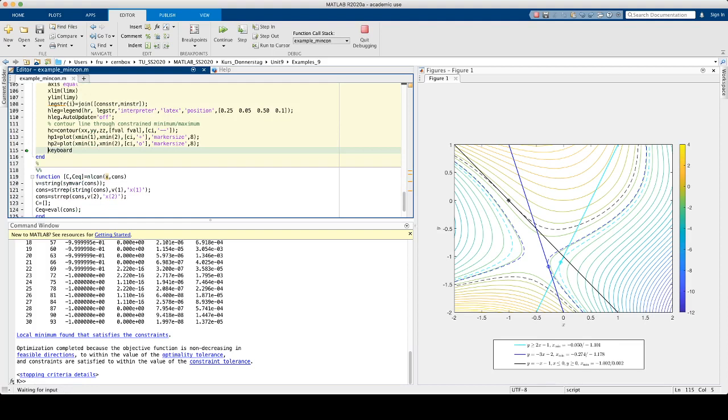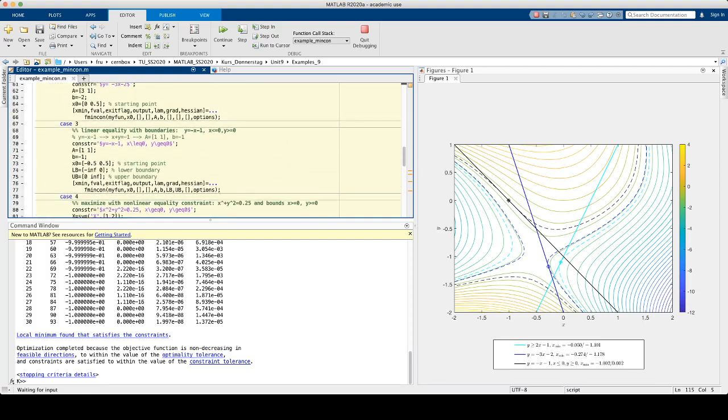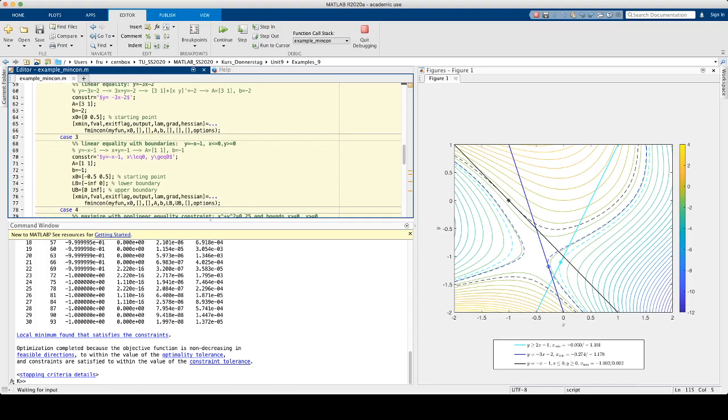The linear equality constraint is now represented by the black line, and the solution is constrained to a quadrant where x must be negative and y must be non-negative. The solution is shown in figure 1 in black.